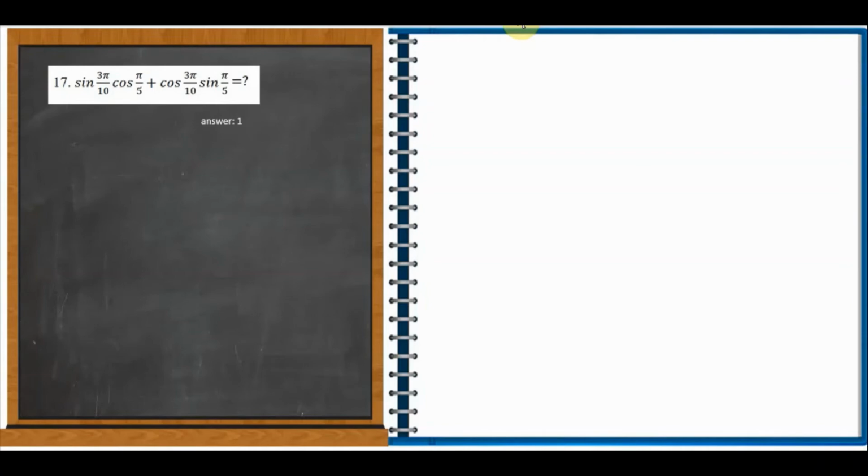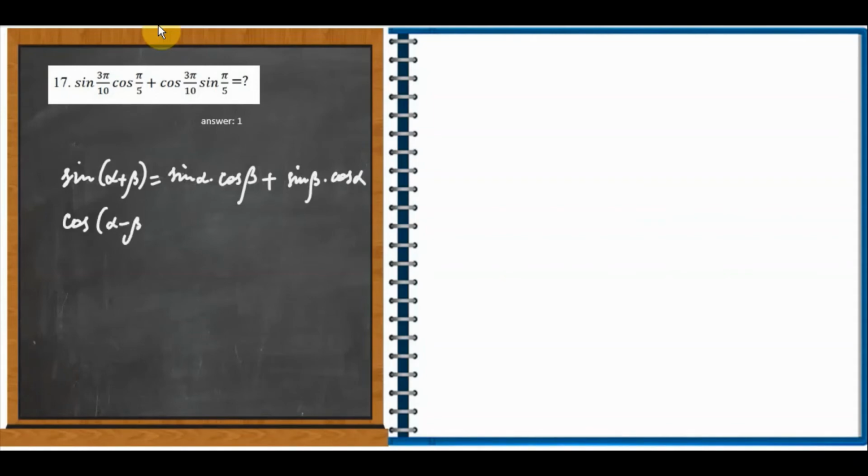Let's remind ourselves of those formulas. First was sine alpha plus beta, which is equal to sine alpha multiplied by cosine beta plus sine beta multiplied by cosine alpha. Next is cosine alpha plus beta.